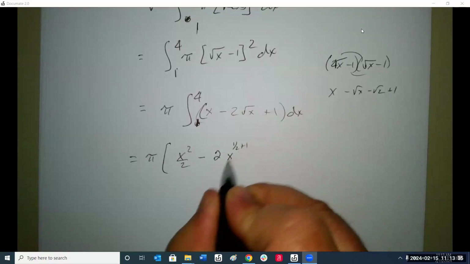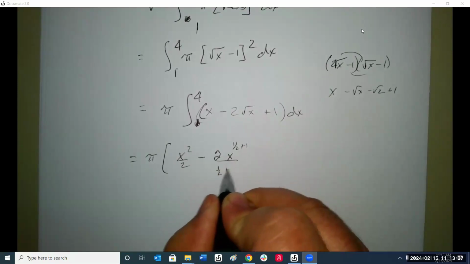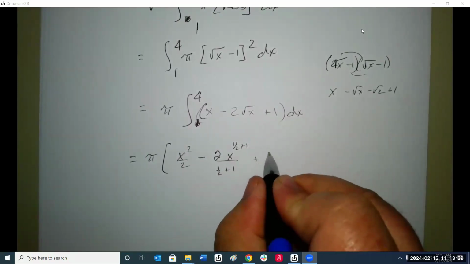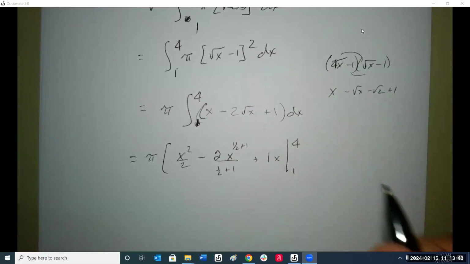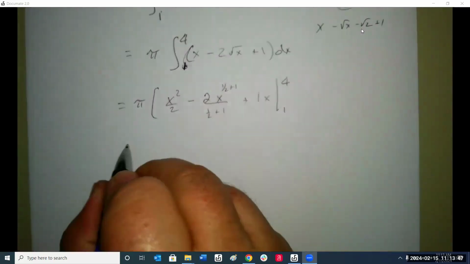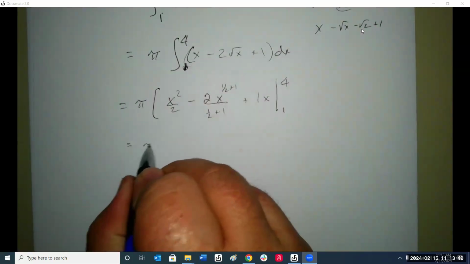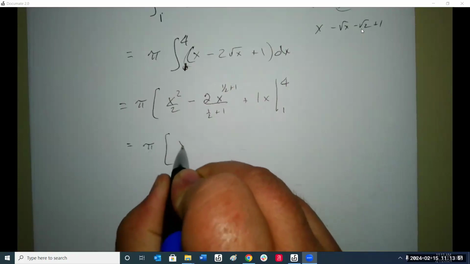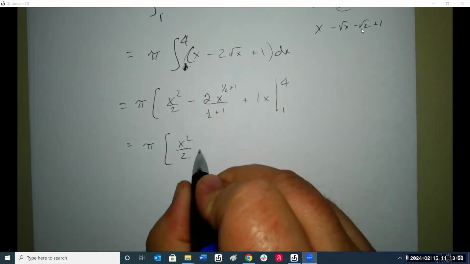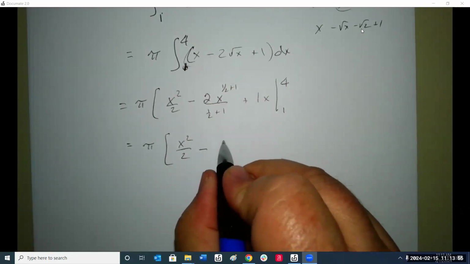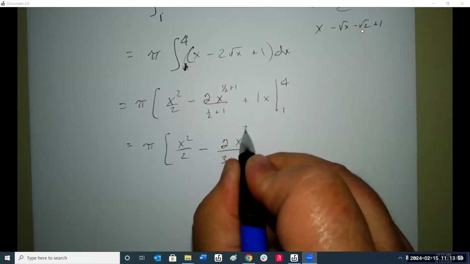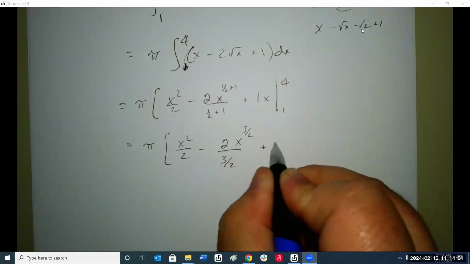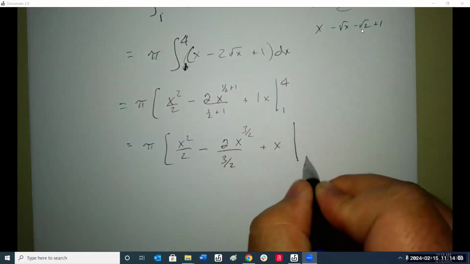For the radical x term, it's 1/2 plus 1, so 2/3 x to the 3/2. Plus x.